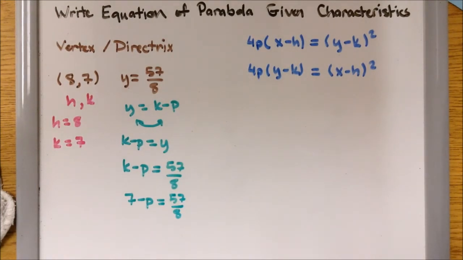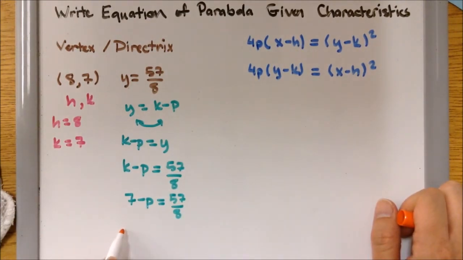Alright, from there, I want to get p by itself. So I'm going to first cancel out the 7. I'm going to subtract 7 on the left and subtract 7 on the right. So it's going to be negative p equals 57 over 8 minus 7.